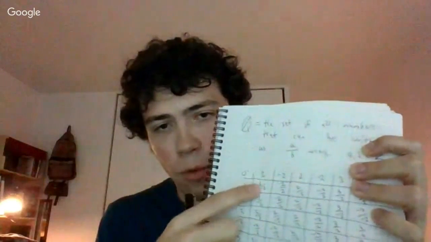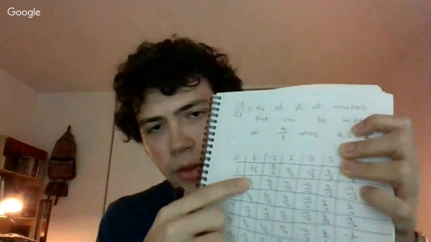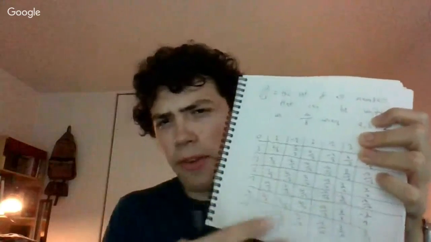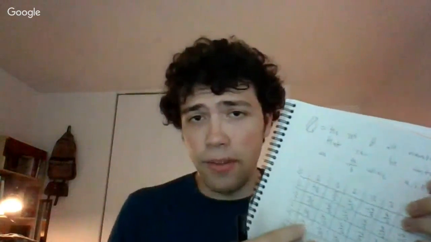So when we have 1 and 1, we get 1 over 1, 1 over -1, and so on for every single combination of these numbers. And it's pretty clear that if we extended our grid out forever, we would have every single rational number.